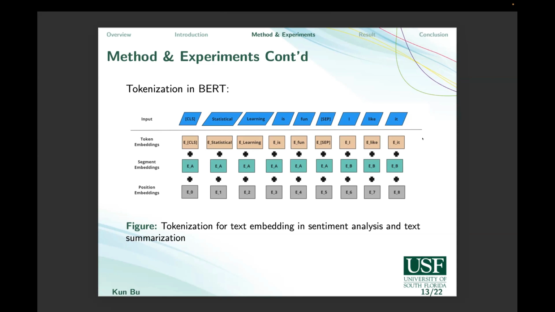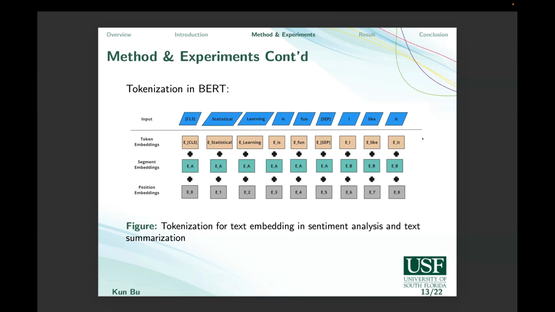And then the token embeddings, where we transfer each of the input text into a word token. Then we do segment embeddings. As you can see, this very straightforward sentence can be segmented into two parts.